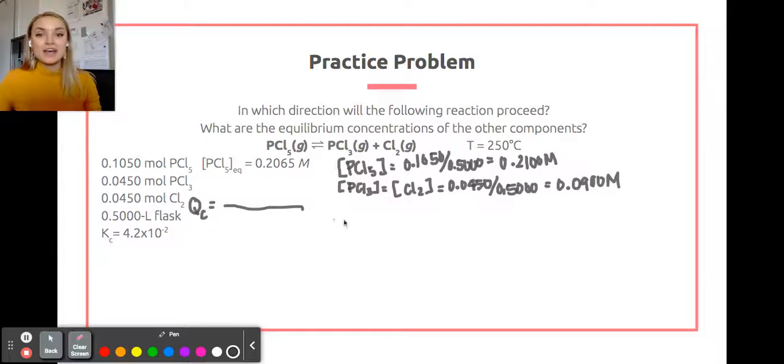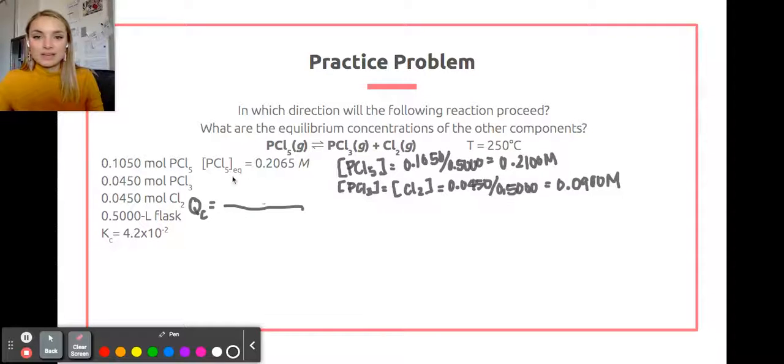So here you can see I've calculated the molar concentration of PCl5, and because the concentrations of PCl3 and Cl2 are equal, I've only done one calculation there. That means that we can plug our values into our reaction quotient.